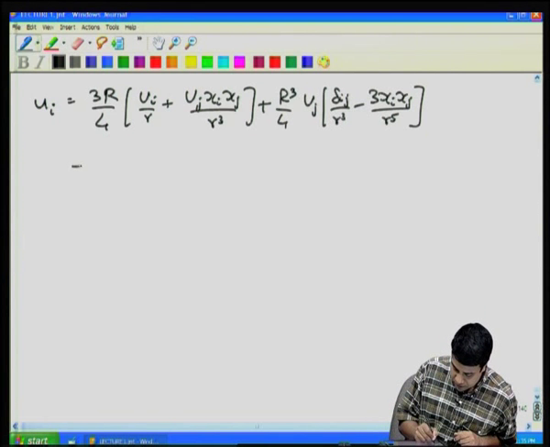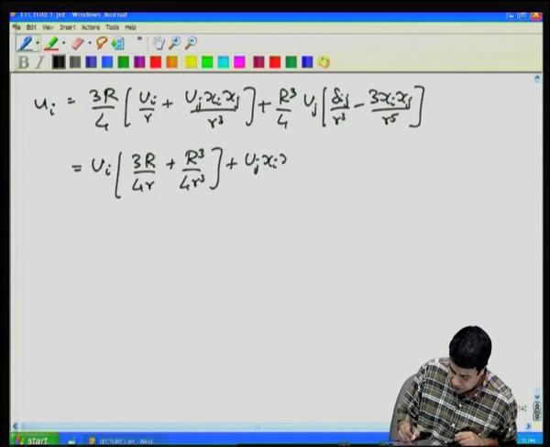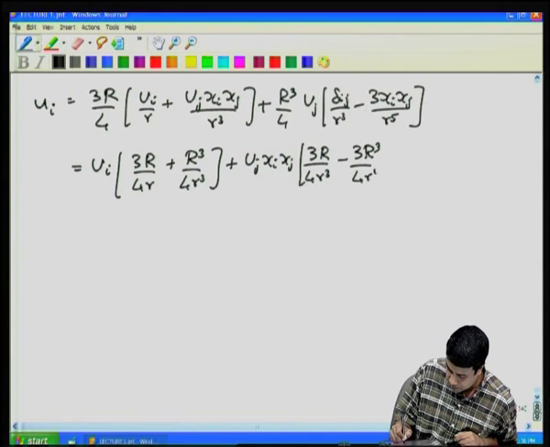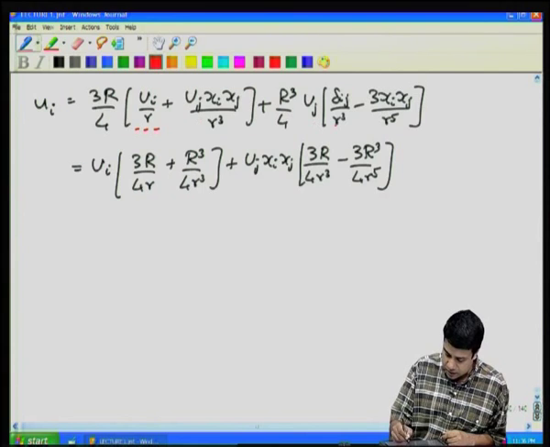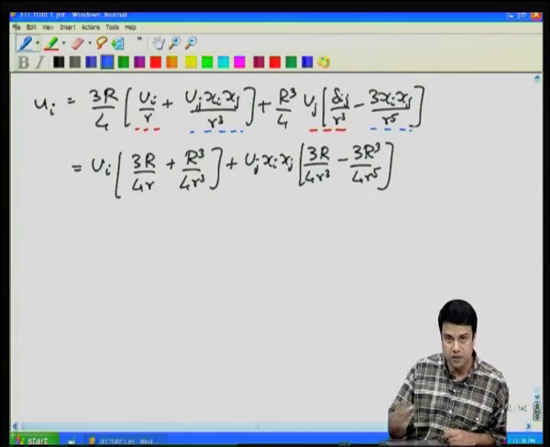Okay. So, this will be equal to ui into 3r by 4r plus r cubed by 4r cubed, plus uj xi xj into 3r by 4r cubed minus 3r cubed by 4r to the power 5. Just separating out the terms that are proportional to ui, which are these 2, and the terms that are proportional to xi xj uj, which are these 2.